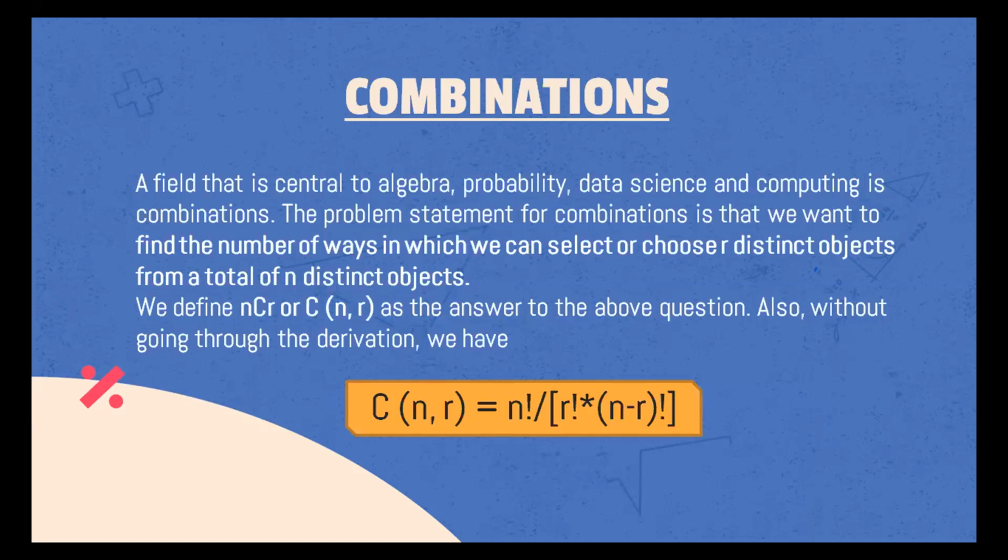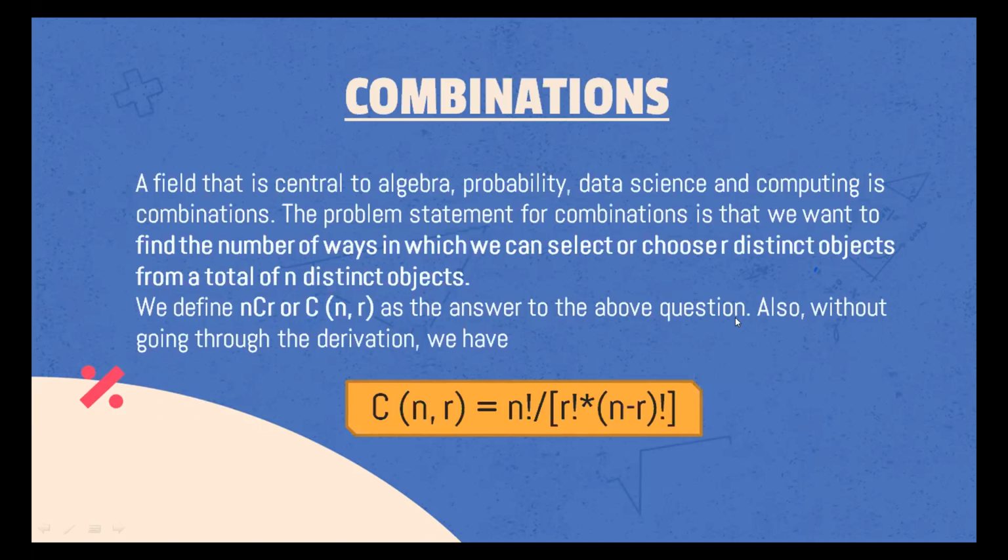So the n objects should also be distinct. For non-distinct objects, we do have multiset combinations and multiset permutations, but they are out of scope of this class. And we define nCr, or C(n, r), as the answer to the above question.